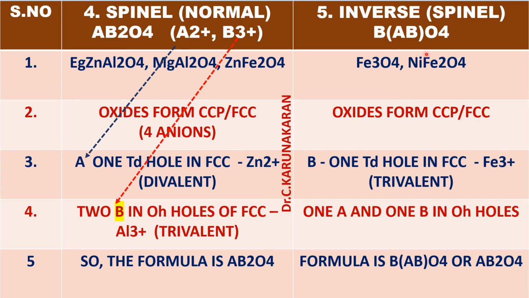For example, Fe3+, and therefore A goes inside the octahedral holes. Therefore, A and one B occupy two octahedral holes. They are present in octahedral holes. Therefore, the formula here is AB2O4. Similarly, here also AB2O4 only. Okay.